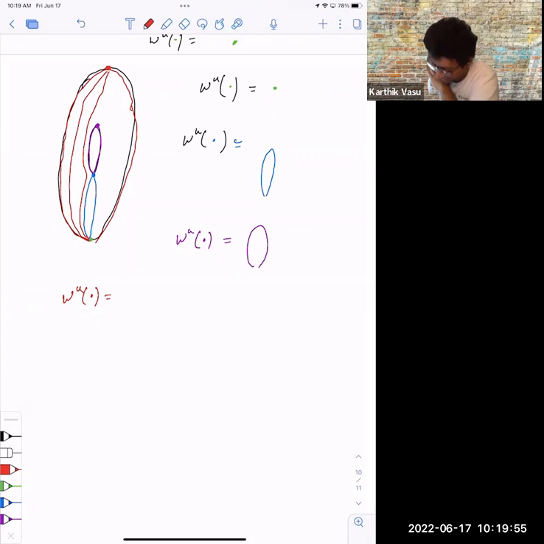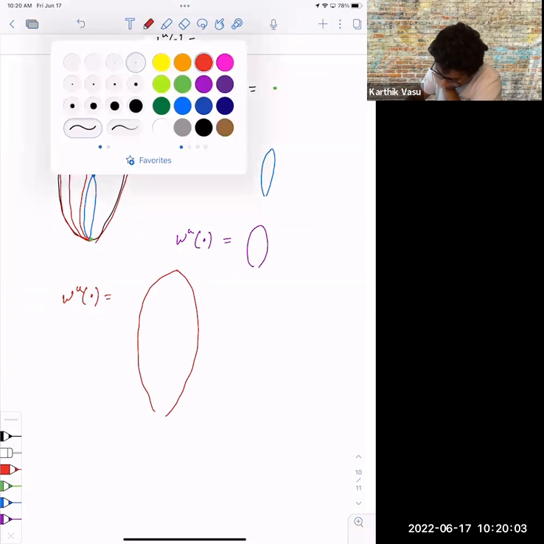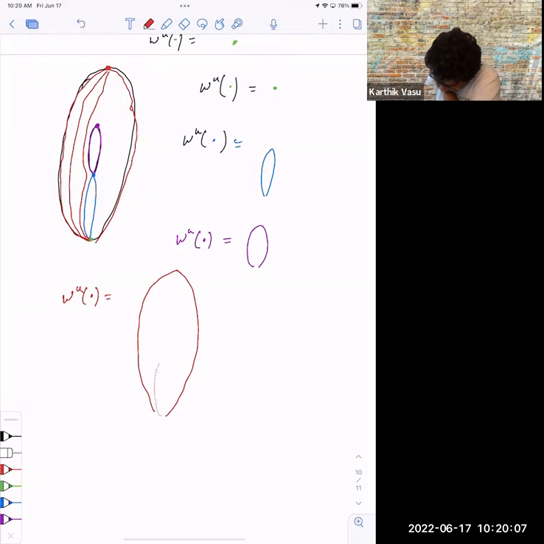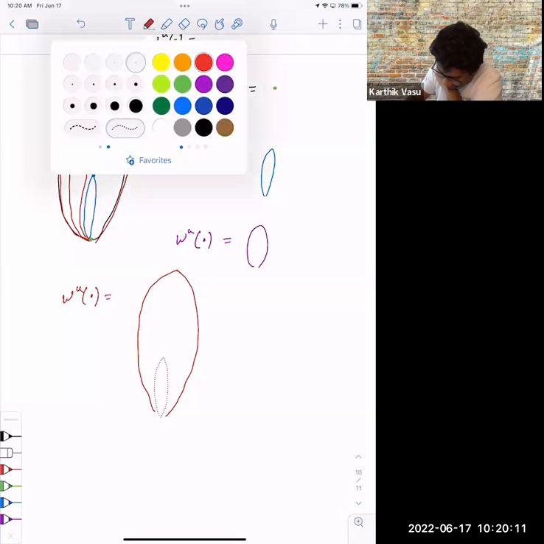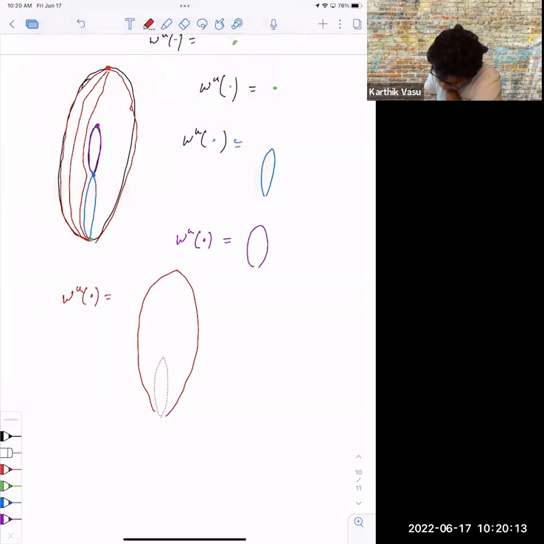So it will look like, so that is missing, and also this is missing, right?